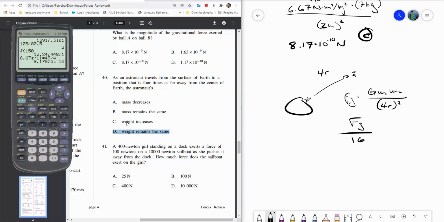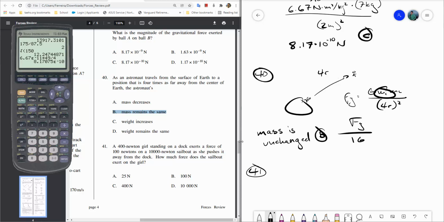The matter, the protons and neutrons and electrons, the stuff you are made of has not changed. Your mass remains the same. Mass is unchanged. So the answer must be B. And that's for 40.